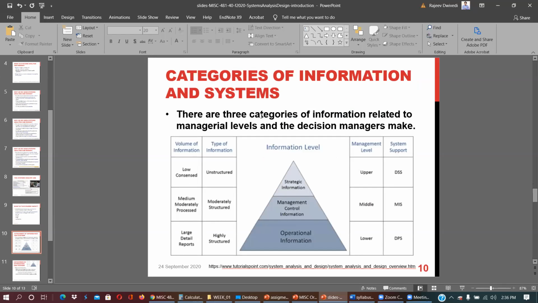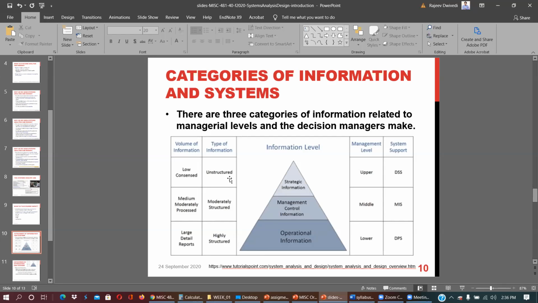So what are the categories of information systems? You have a background of MISC 311 or 211. We have information systems based on organization hierarchy. We have divided information systems into three parts: operational information systems, first the transaction processing system, then MIS, management information system, decision support system, and executive support system.